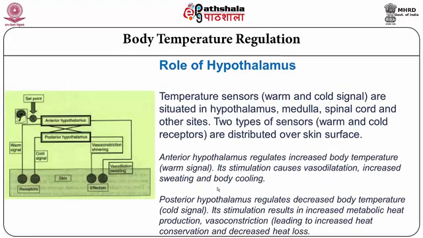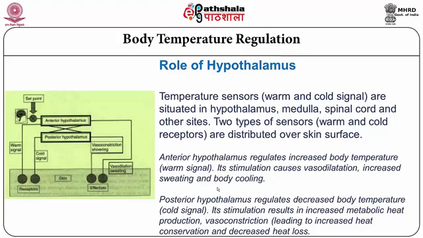There are the anterior hypothalamus and the posterior hypothalamus. In the anterior hypothalamus, there are receptors which respond to warm signals, hot signals, whereas in the posterior hypothalamus, there are receptors that respond to the cold signals.